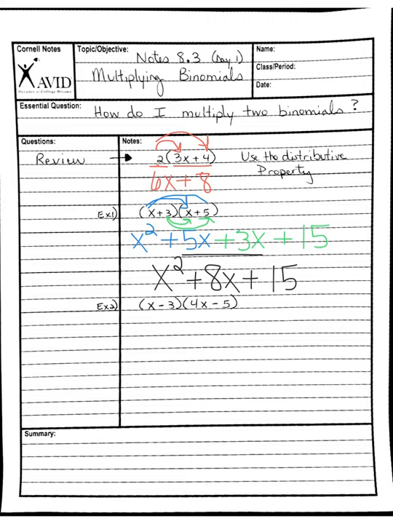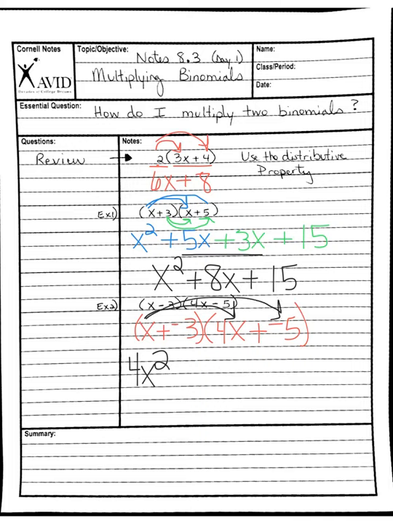On the next one, I'm going to rewrite it because remember, we want to change all subtraction to add the opposite. It's just going to make us more successful in solving these. And here we go. X times everything in the second set of parentheses. X times 4x would be 4x squared.